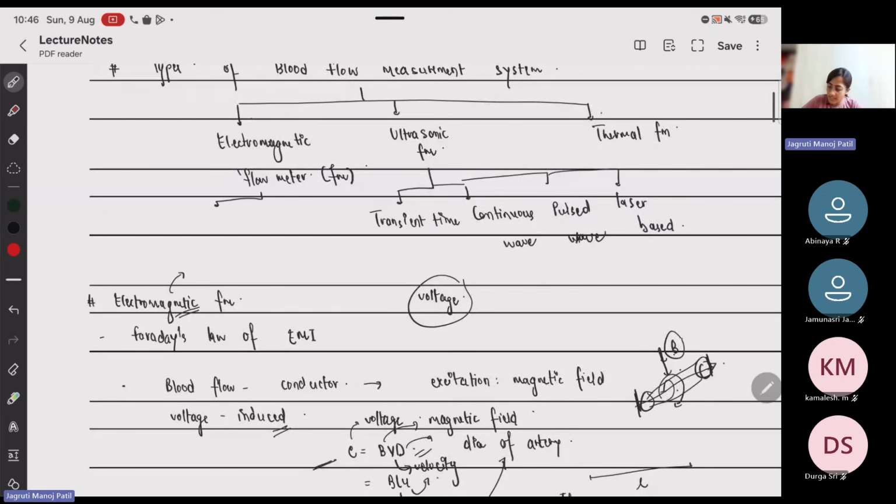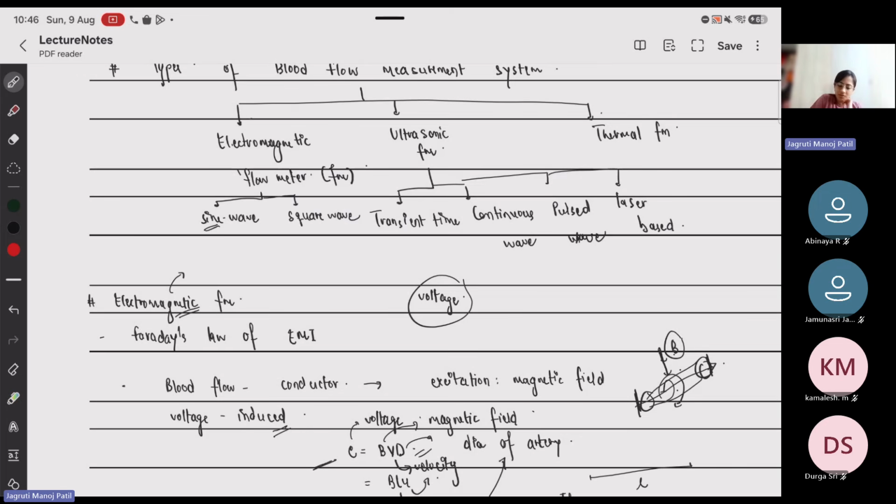One is your sine wave, and the second one is your square wave, right? For the sine wave ones, we send an alternating current, an AC current field.